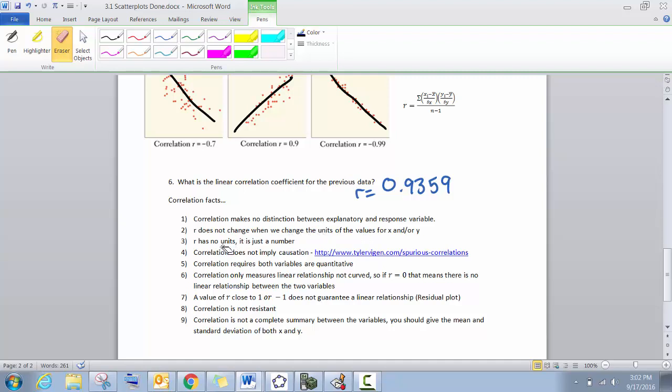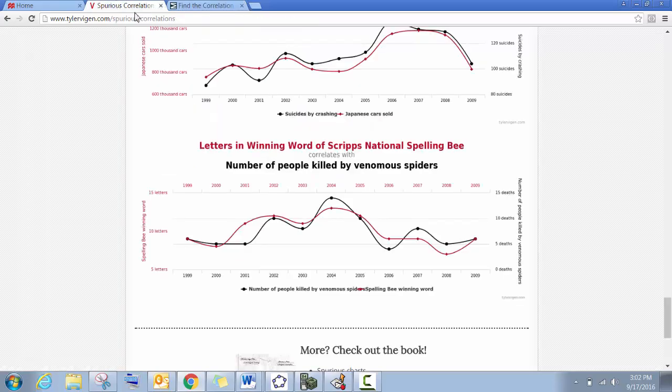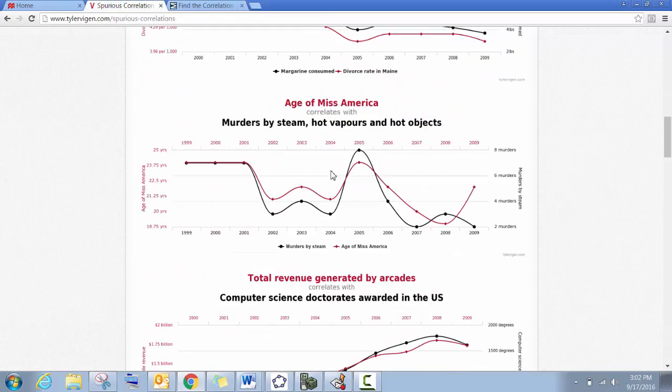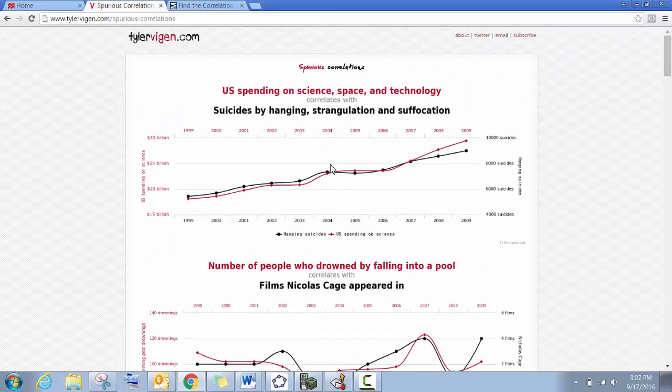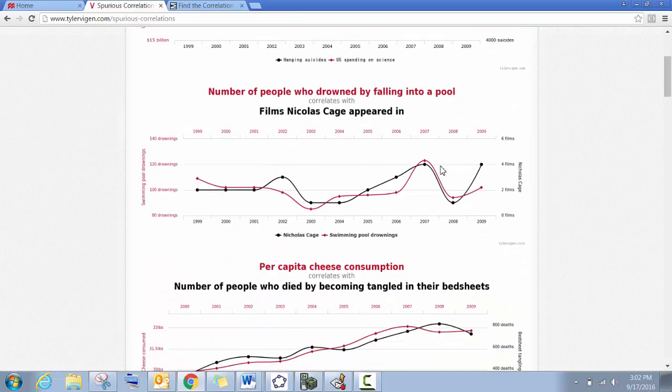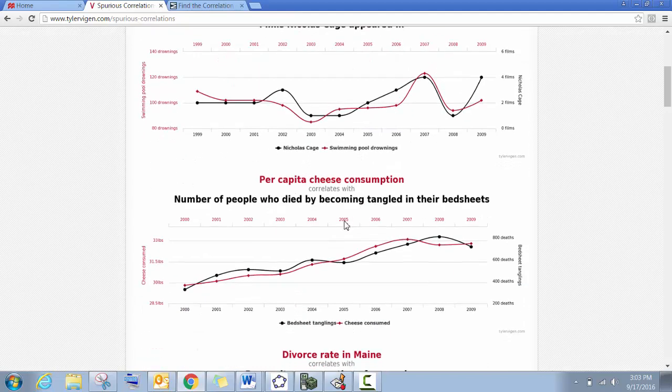Correlation does not imply causation. Look at some of the ridiculous graphs that are here. U.S. spending on science, space, and technology, and suicides by hanging, strangulation, and suffocation. Look how close they are. Number of people who drowned by falling into a pool, and films Nicolas Cage appeared in. There's a pattern.